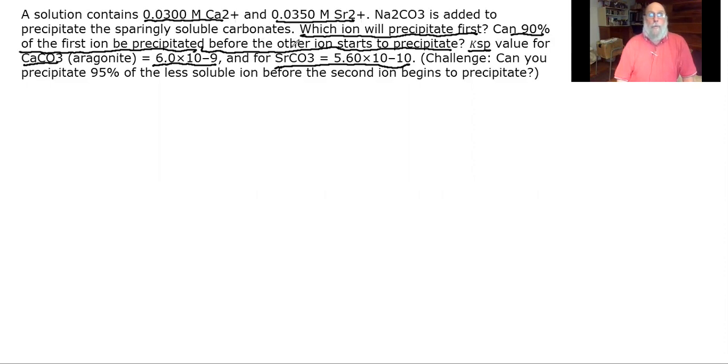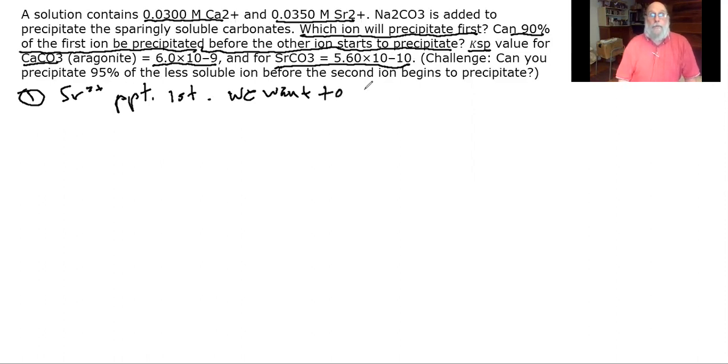So first of all, we decide, and this is totally your choice, totally arbitrary. Well, first we'll say strontium ion as the carbonate is going to precipitate first. And we want to precipitate 90% of it before the calcium carbonate begins to precipitate.